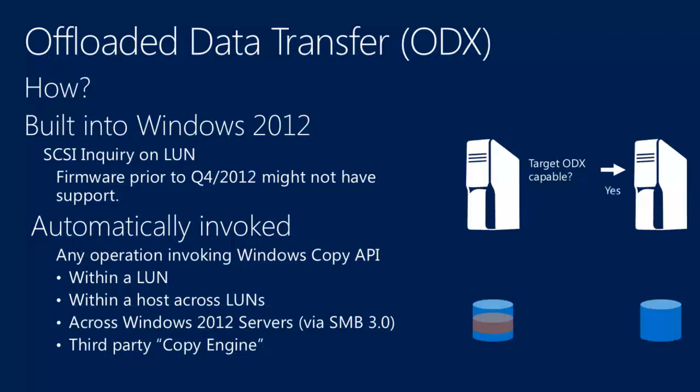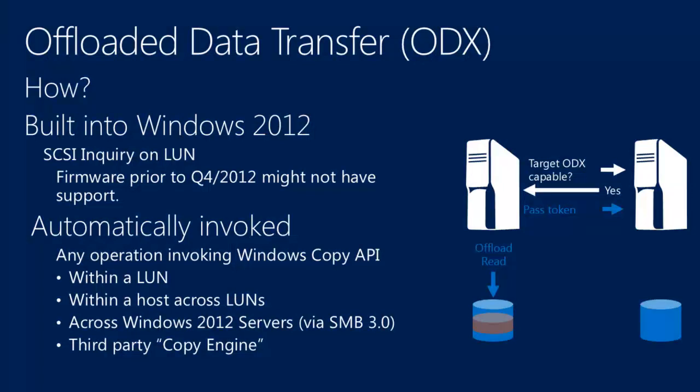In effect, if we think about an SMB share, the source and target kind of communicate. I've got an ODX-capable LUN. Do you? Yes, I do. Okay, I want to generate a token. So this is a representation of the data of the file object itself. And Windows is doing the mapping of, okay, so that file is actually an LBA address range. And so it figures out what it is.